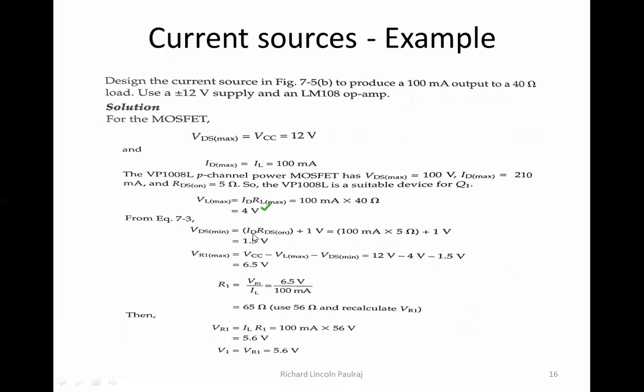Previously, I had told you in the previous slide, ID RDS on plus 1 volt. Right? So this value I'm going to put it here. So ID, I know that it's about 100, and my RD I do not know. So what I will do is I will use the known value here.